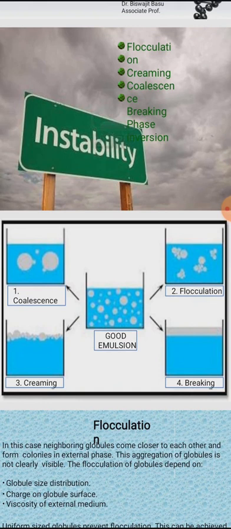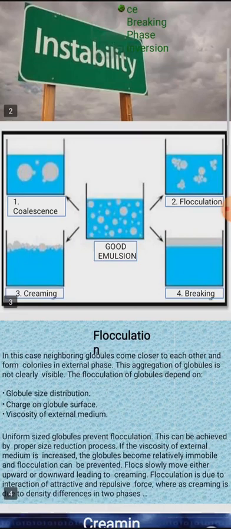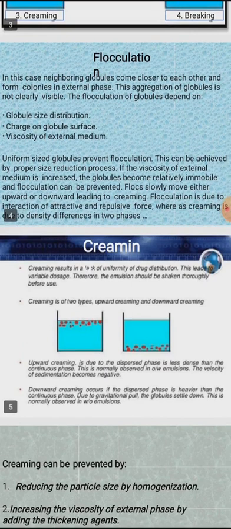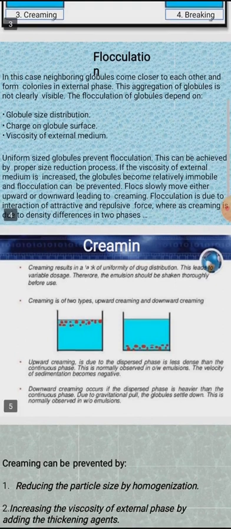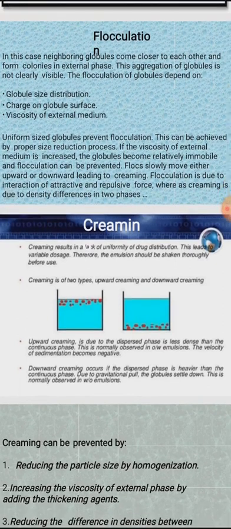First we will study what is flocculation. Flocculation is the first step of instability of an emulsion. What will happen? In this case, neighboring globules come closer to each other and form colonies in the external phase. We know that in emulsion two phases are there because it's a biphasic liquid dosage form.